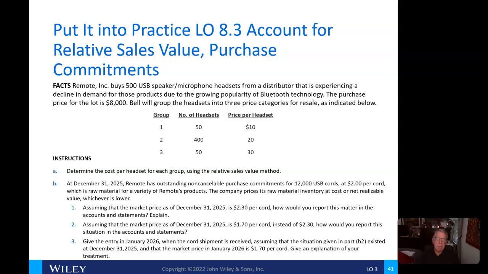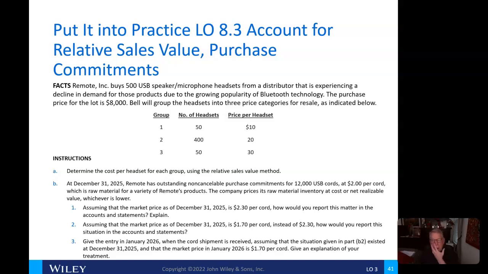The company prices its raw material inventory at cost or net realizable value, whichever is lower. So they want you to, 1, assuming that the market price as of December 31, 2025 is $2.30 per cord, how would you report this matter in the accounts and statements?